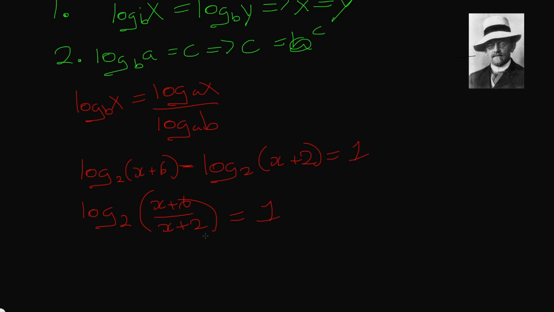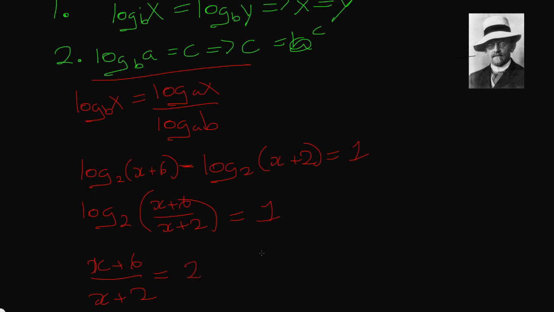So log a x minus log a y, and then we use the general rule of log b a up here. How we do this is we get x plus 6 over x plus 2, because we're getting rid of the logs now, equal to 2 to the 1, which is 2.